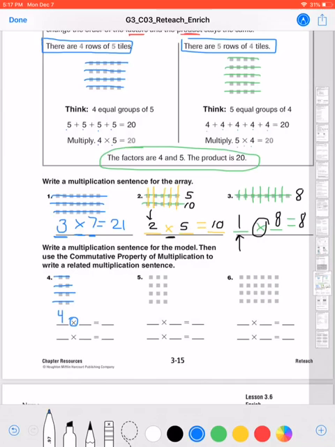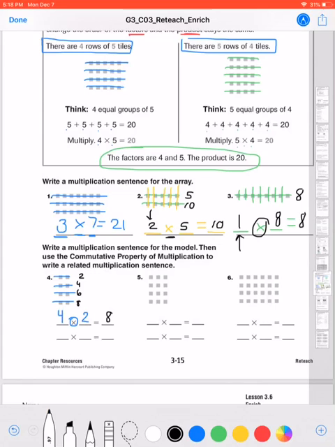How many are in each row? Awesome job. You are right. We have 2 in each row. So that's the same thing as saying 4 times 2. So let's count by 2s to find our answer. 2, 4, 6, 8. Awesome. So we know that 4 times 2 equals 8.